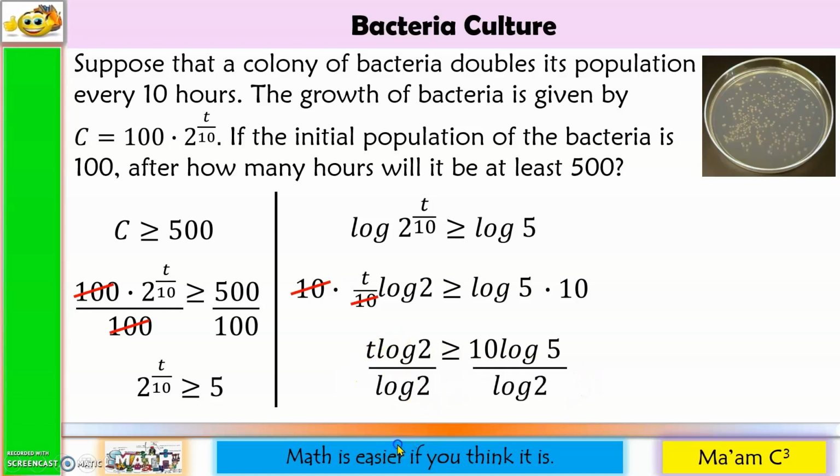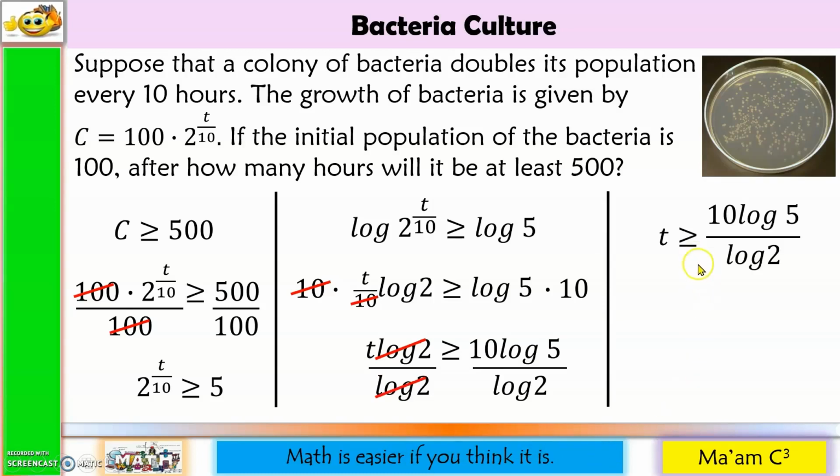So log of 2 will be cancelled out. So I have t is greater than or equal to 10 times the logarithm of 5 over the logarithm of 2. And that is 23.22. So it means I need at least 23.22 hours before the bacteria reach 500.